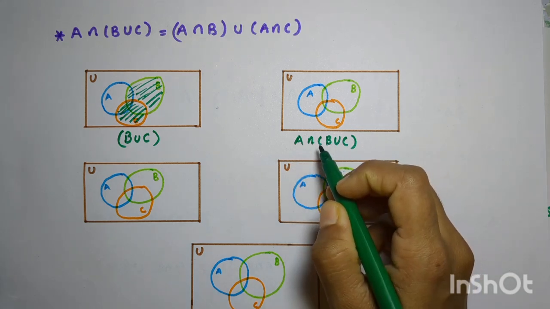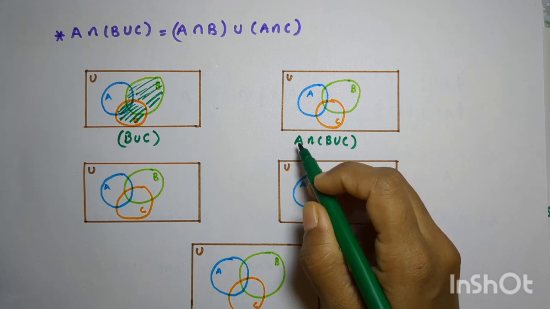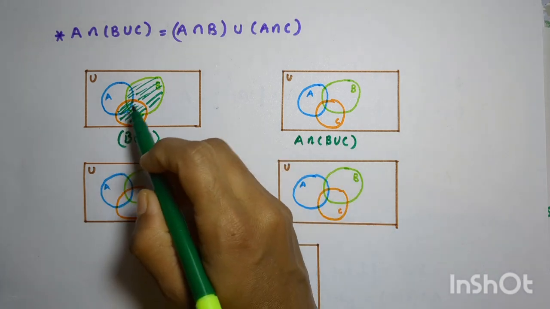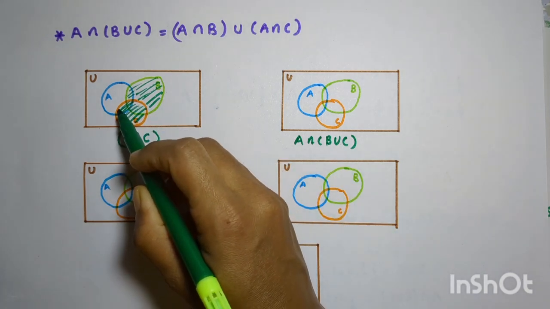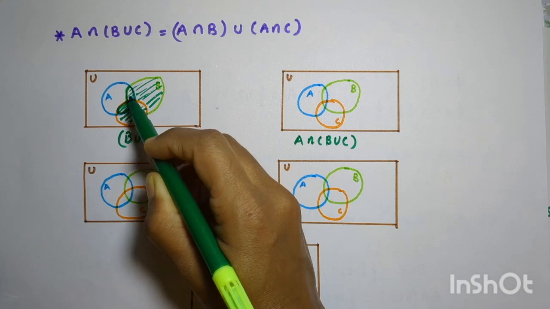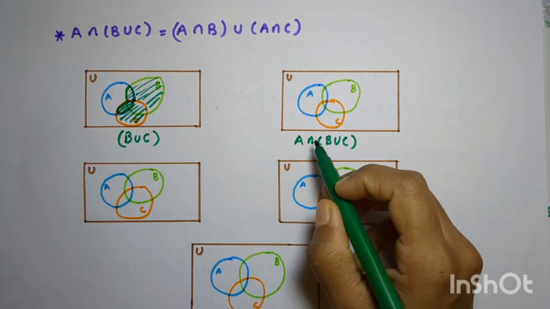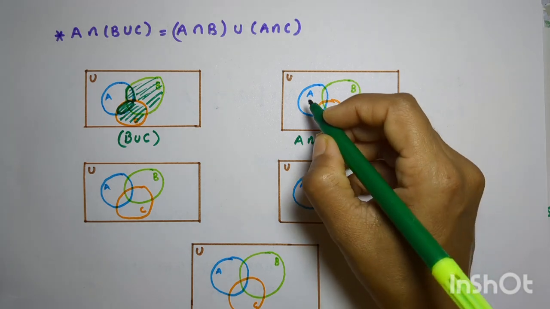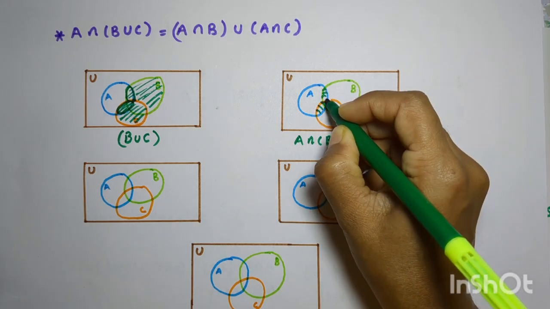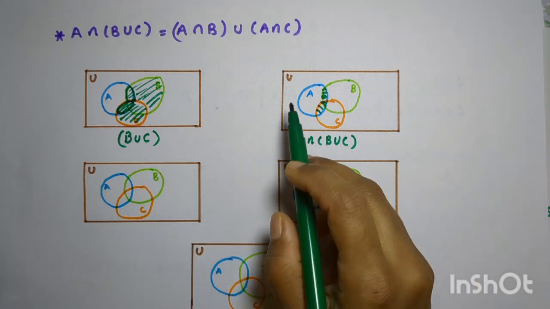That means we just want to consider the common portions of A and B union C. In B union C we have these portions, this one and this one, which are common with A as well. So A intersection (B union C) will be this shaded part, which is common to both B union C and A.